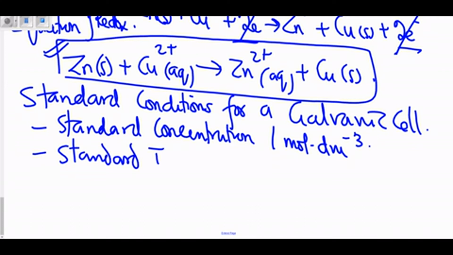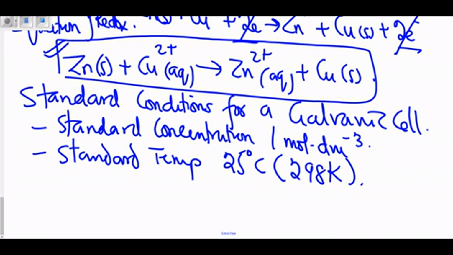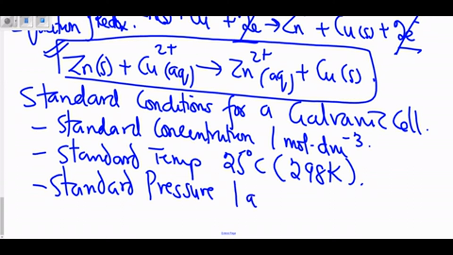standard temperature, which is 25 degrees Celsius, but that's 298 Kelvin. I'm sure you know how to convert that. We add 273. And standard pressure, if we have to deal with gases, as we would see later on, would be 1 atmosphere, which is 101,3 kilopascal.